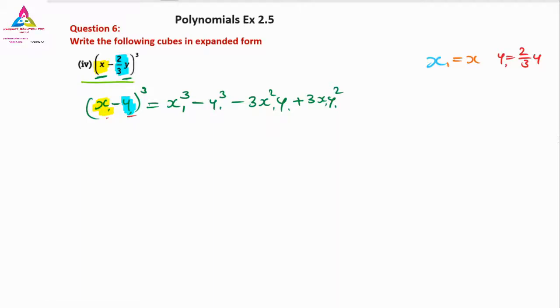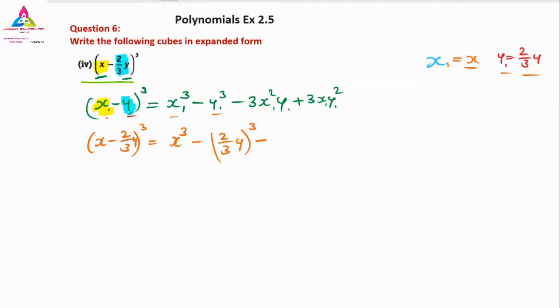So now let us substitute in the formula and find the final answer. (x - 2/3 y) whole cube is equal to x cube, the x value I have already told, it is x only, minus the y value, which is 2/3 y. I will put the whole cube because here you have 2, 3 and y as separate terms.